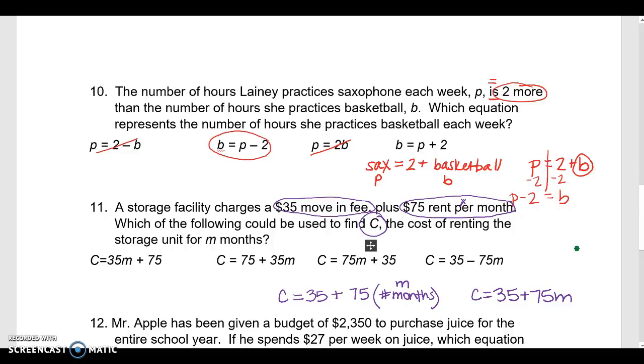So MX would be here. Even though this is an M, that's representing X in our equation, that it's a variable. So 75M. So Y equals 75M plus 35, right? And it's saying that Y is the same as C. So our answer in this situation was right here. All right, let's move right along to the next.